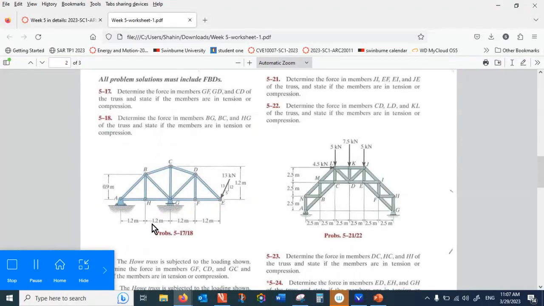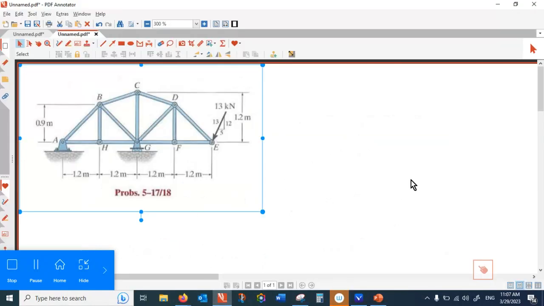So that requires cutting from here, right? So in the second problem, we want to use the method of sections here.